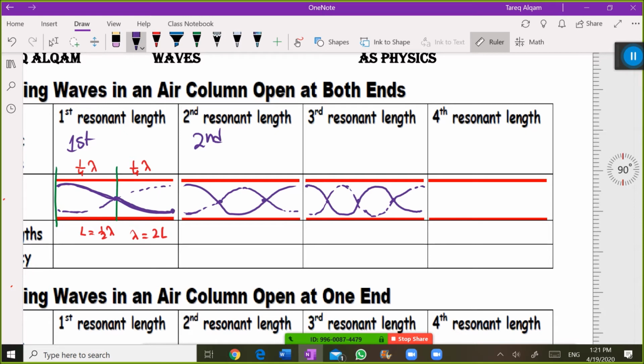So overall, I have a quarter wavelength and a quarter wavelength. Quarter wavelength plus quarter wavelength, I got what? Half wavelength. So the length of the tube here will show me what? Half of the wavelength. Is that clear?